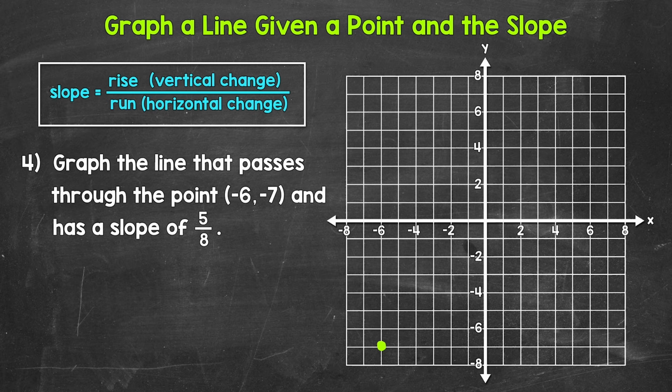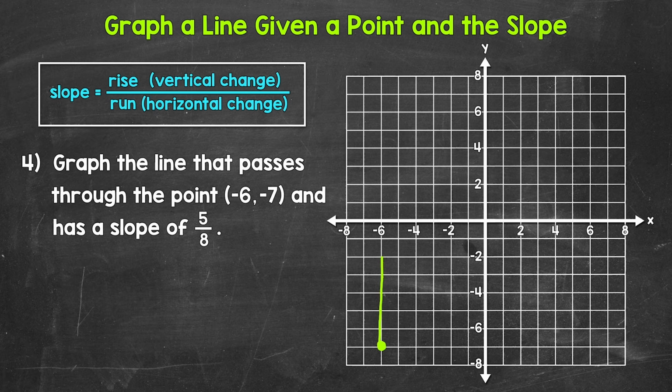Now we go from that point using the slope, which is a positive 5 over a positive 8. So we go up 5 units. 1, 2, 3, 4, 5. And then our run is 8, a positive 8.